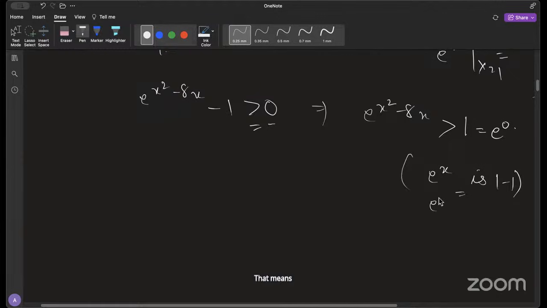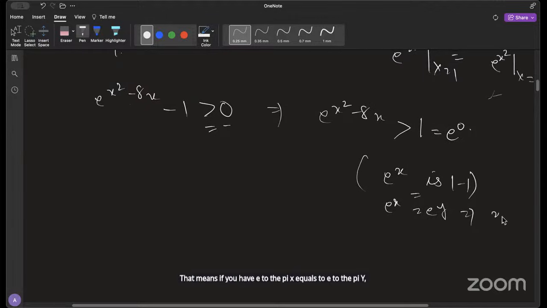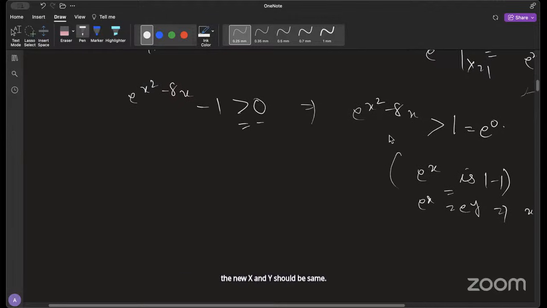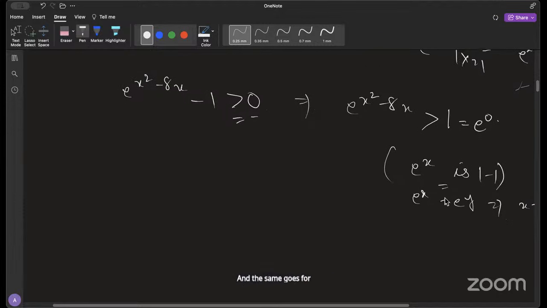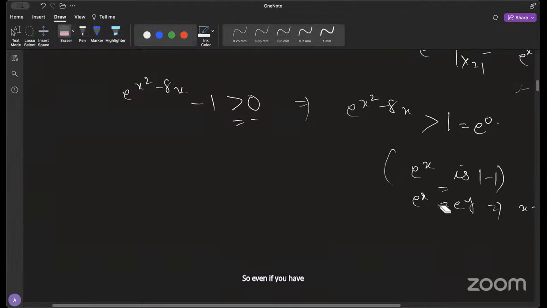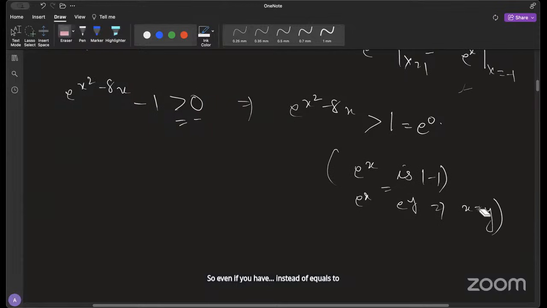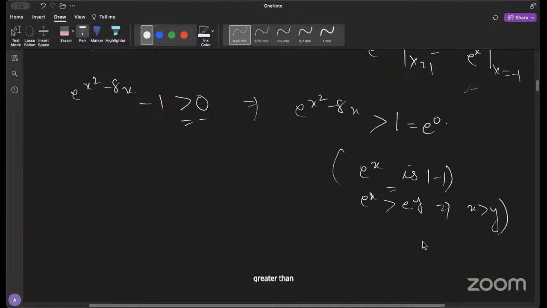That means if you have e to the power x equals e to the power y, then x and y should be the same. And the same goes for greater than. So even if instead of equals to, you have greater than, then the same goes here.